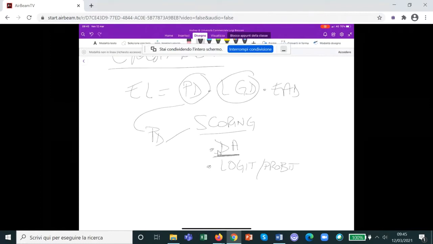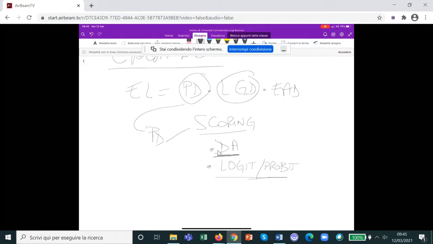Looking at past data, you take a sample of past borrowers, some of which defaulted, others not. And logit and probit models are based on a more familiar technique because they are basically regression kind of models.